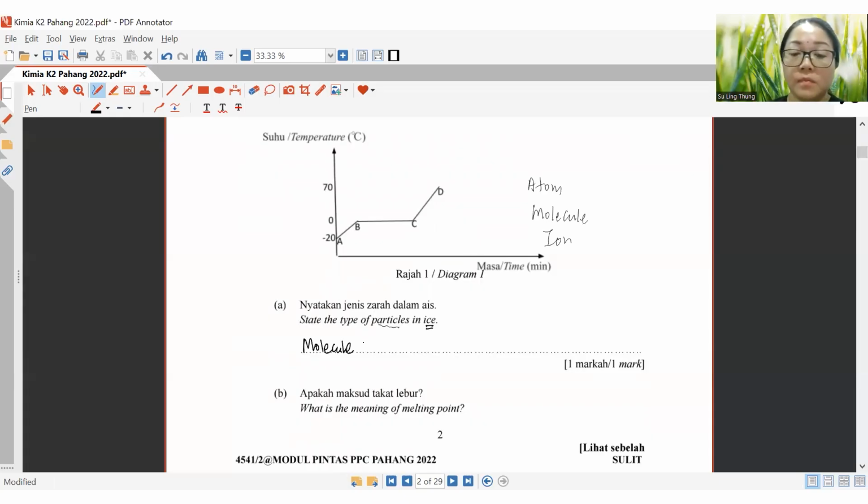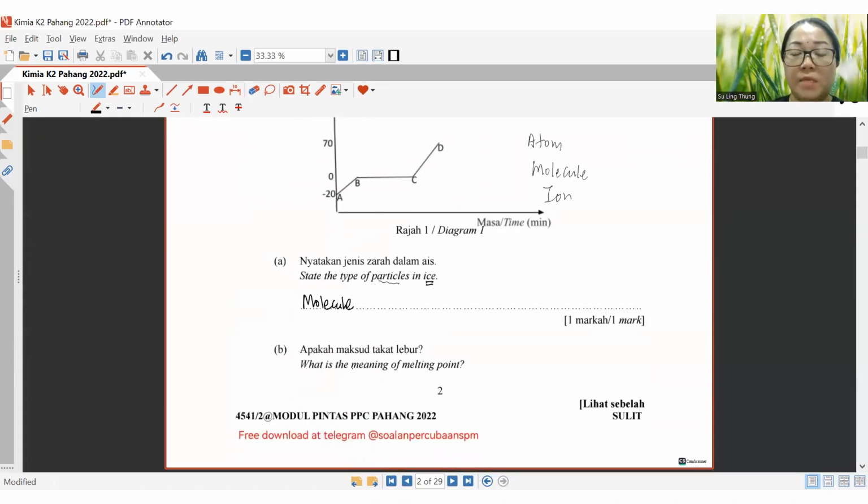Now, what is the meaning of melting point? In this case, our melting point is at BC. This is what you call the melting point. The melting point is when the state of a matter changes to another form of state of matter.